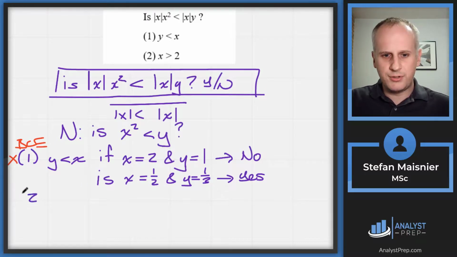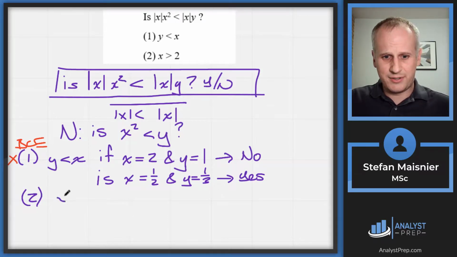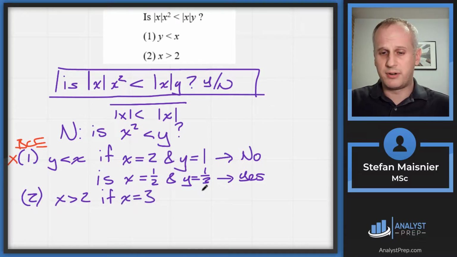Then condition 2. This one's a little bit more easily evaluatable, because it just says that x is greater than 2. So let's say x is equal to 3, pick an easy number, and I have no idea what y is. At this point, I can probably just say this is not sufficient, knowing that there are no restrictions on y whatsoever.